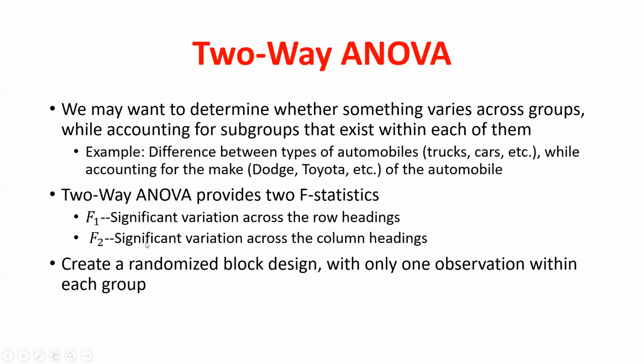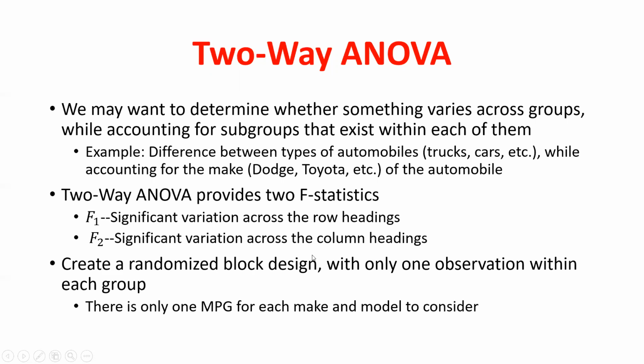Okay? So, more technically, what you want to do is create a randomized block design where you only have one observation for each group. Okay? We'll see how you could do this even if you didn't have one observation, but I'll go through both of them, right? So really what you're going to do if you're doing this block design, you would have your original data set.